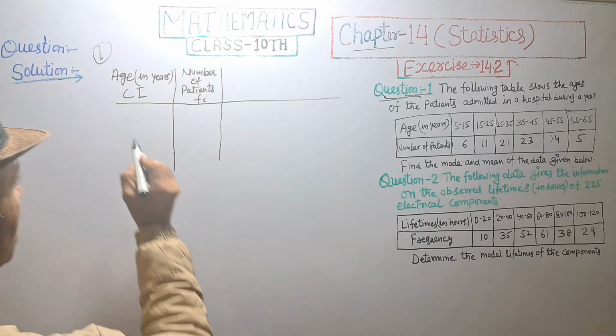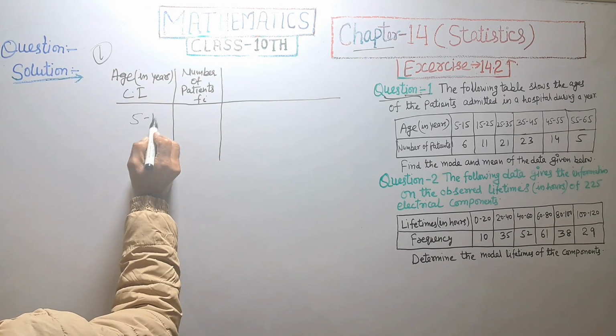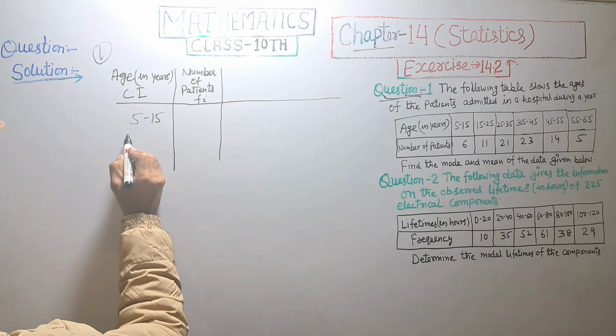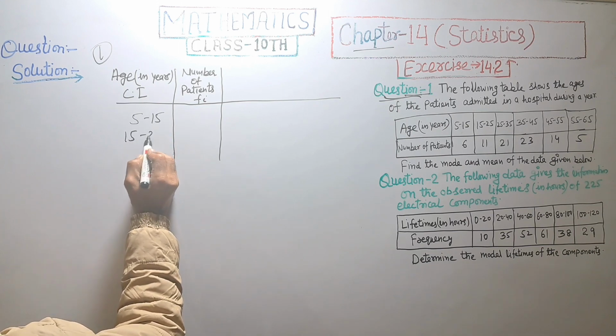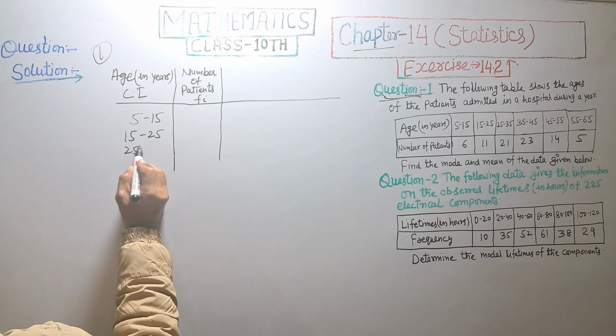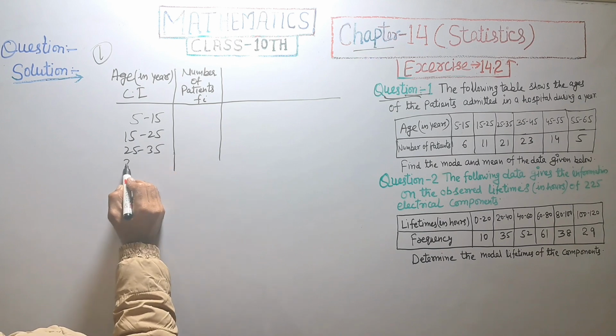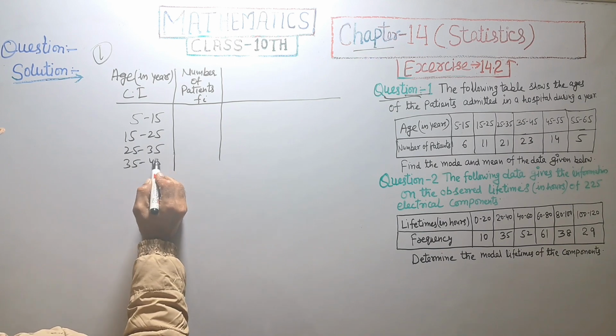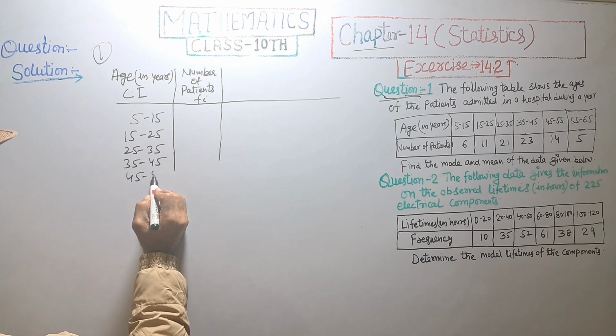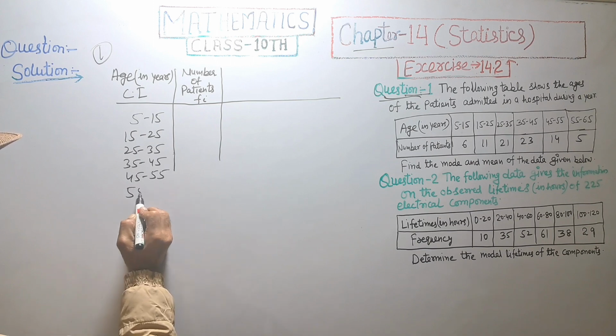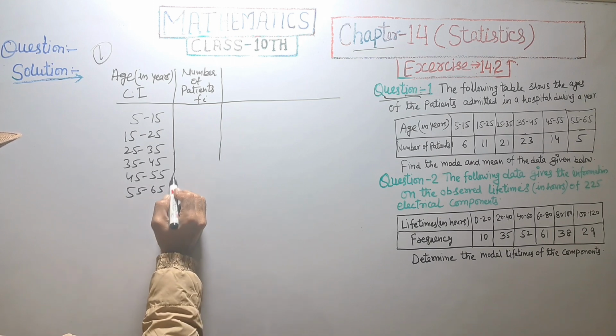Class interval is 5 to 15, 15 to 25, 25 to 35, 35 to 45, 45 to 55, and 55 to 65.